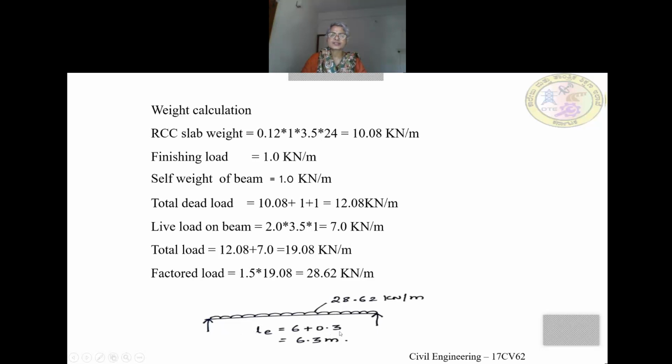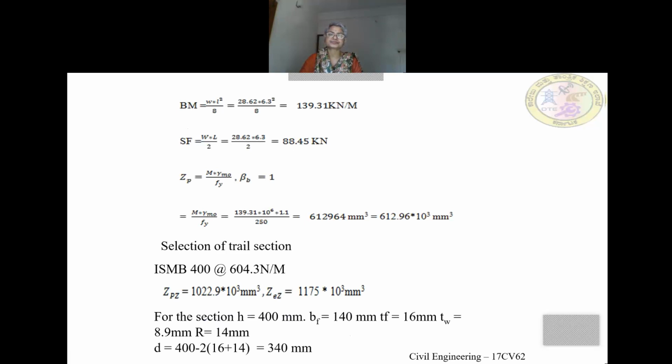So it is center to center, and the effective length is taken as 6 plus 0.3: one side it is 0.3 by 2, the other side it is 0.3 by 2. So totally 0.3, so 6.3 meters is the effective length. We have to design this beam, and the beam is laterally supported.